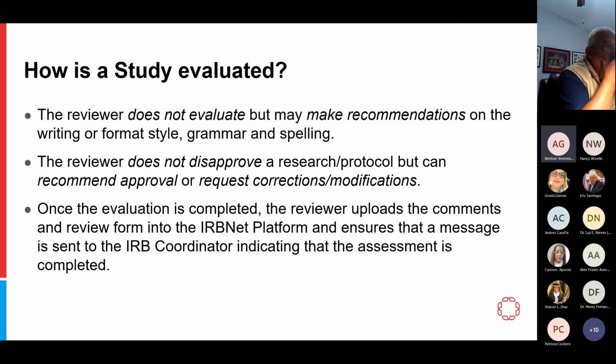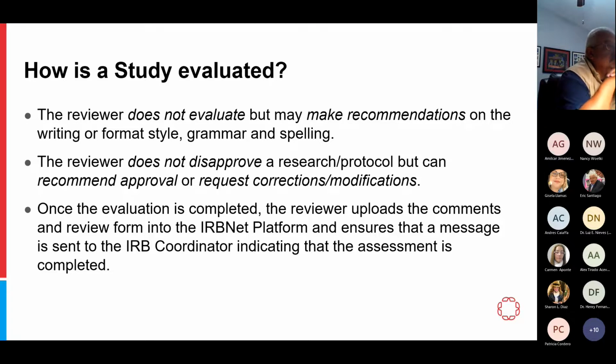Important: the reviewer does not evaluate, but may make recommendations regarding writing and format style, grammar, and spelling. A reviewer cannot say, I recommend not to approve this because grammar is not clear. No. The reviewer is just going to focus on what I mentioned before.